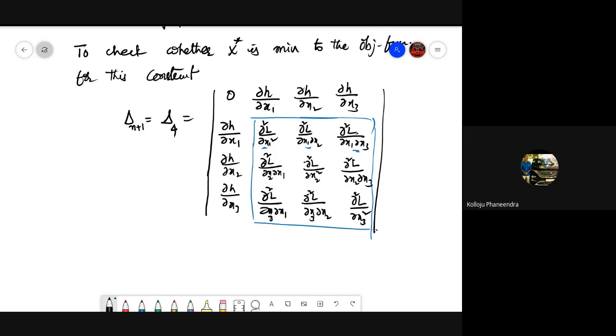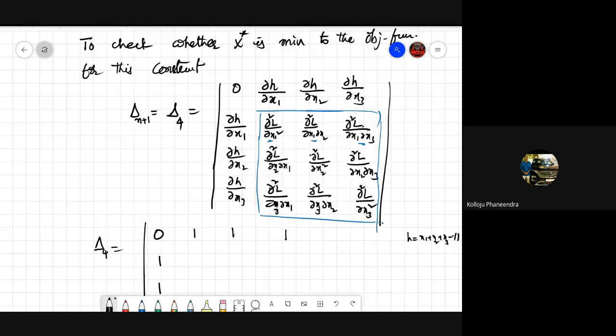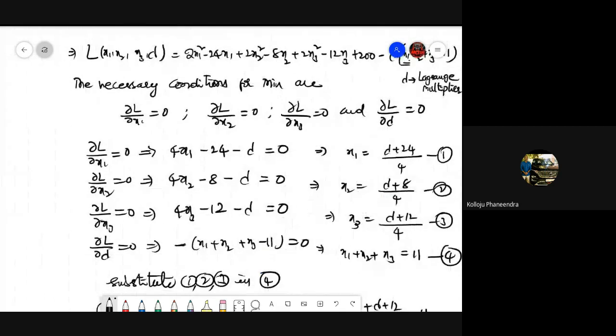Okay. Now let me substitute one by one. This is delta 4 equal to 0. What is h? x1 plus x2 plus x3 minus 11. So what is the derivative with respect to x1, x2, x3? 1. Now I have to see what L is. That is important now. For this L, I have to consider the second derivatives.